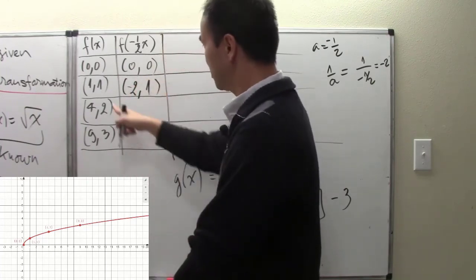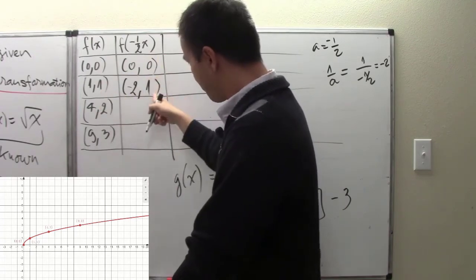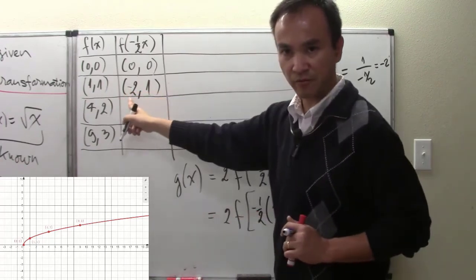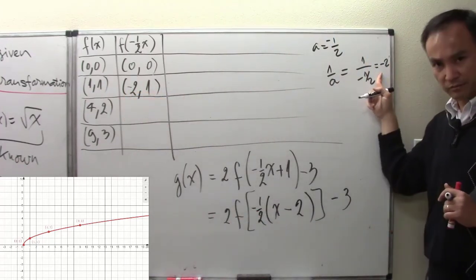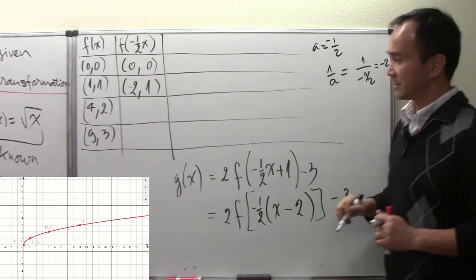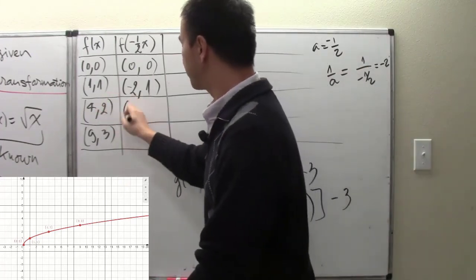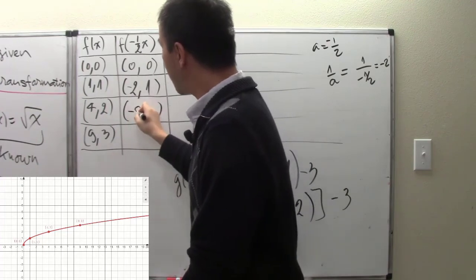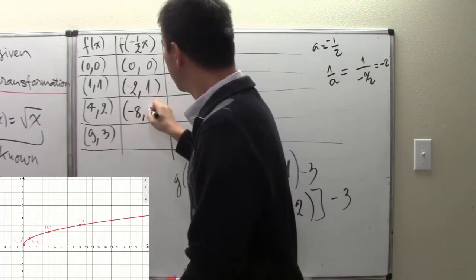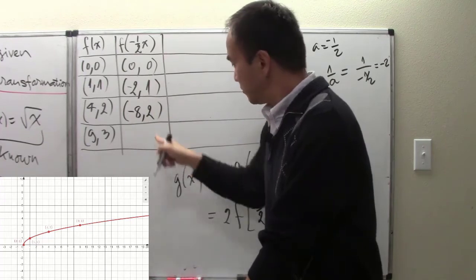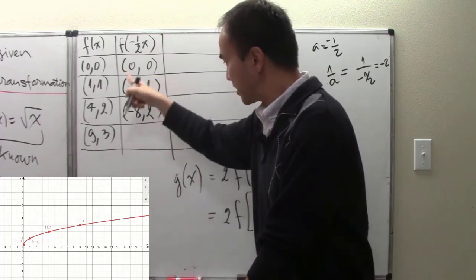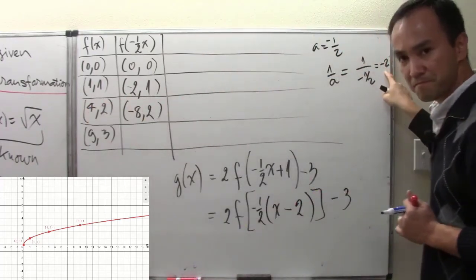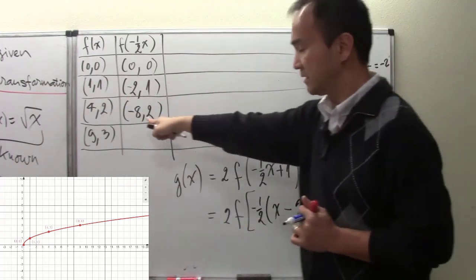Y value stays the same, but x value is multiplied with negative 2, and that's how I ended up with that negative 2 here. Okay. The next point right here, 4, 2, is now transformed to negative 8, 2. Y value stayed the same, but x value came out negative 8 because 4 times negative 2. Okay, and we had that negative 8.